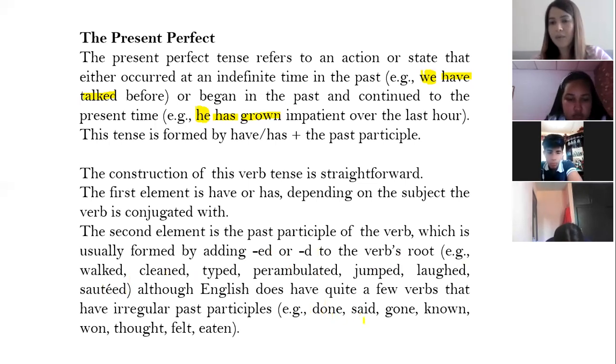Said, la base de este verbo es say. Gone, la base de este verbo es go. Known, la base de este verbo es know. Este es el pasado participio. Won, la base del verbo es win. Thought, la base del verbo es think. Felt, la base de este verbo es feel. Eaten, y la base de este verbo es eat.